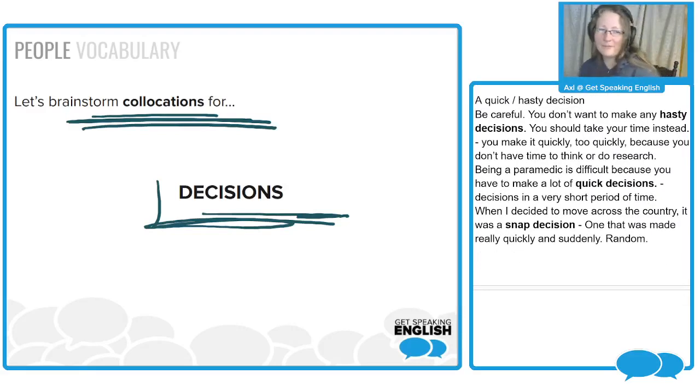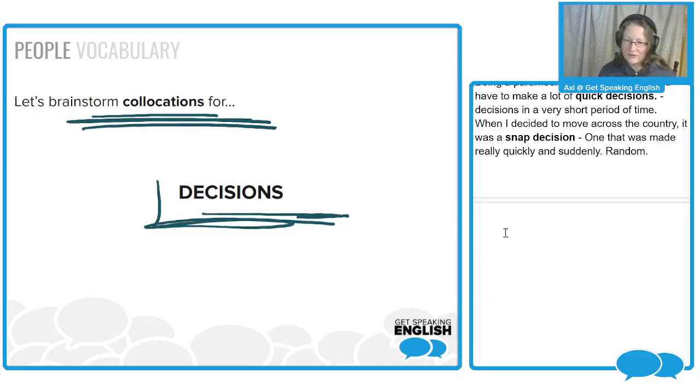And just a couple really quick verb collocations as well, because you'll hear people talk about to take a decision and to make a decision. So for the most part, there's not really a huge difference between these two things. I tend to use make a decision for everyday decisions.